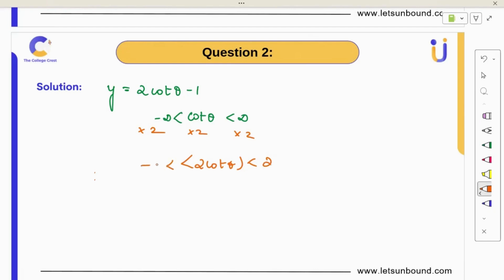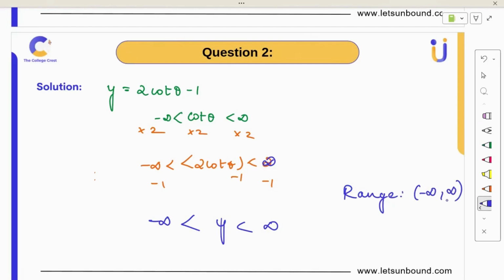And another negative big number. Then subtract 1. So you will get your y exactly here. From minus infinity minus 1, it's going to be again minus infinity. This is plus infinity. So the range is the same. So range is minus infinity to plus infinity. All right. That's it, second problem. And now we are moving into the third one.